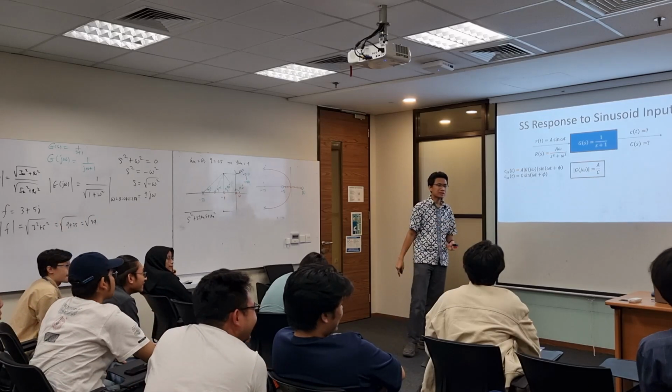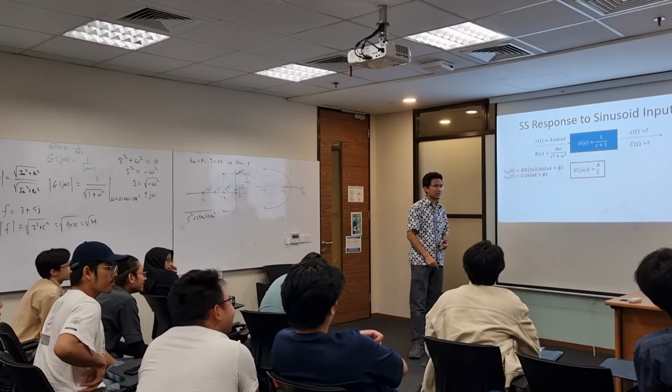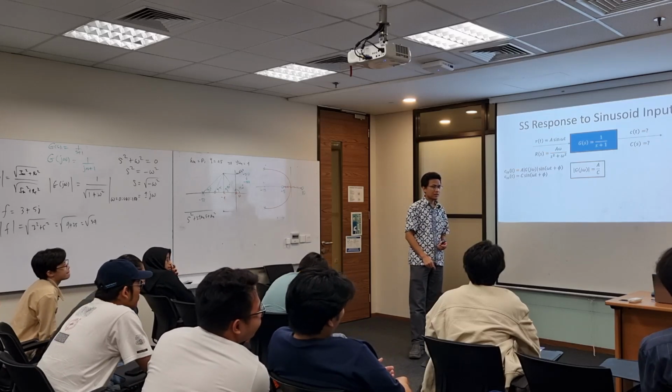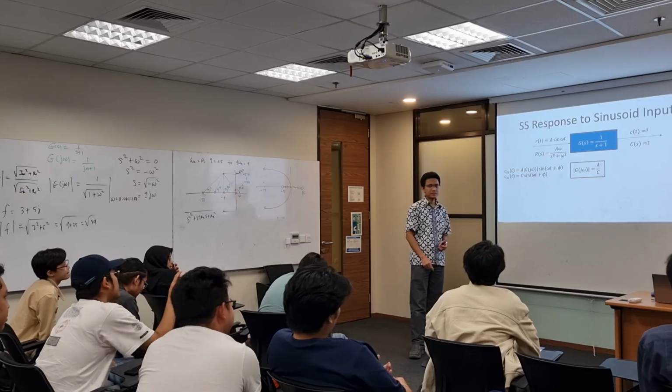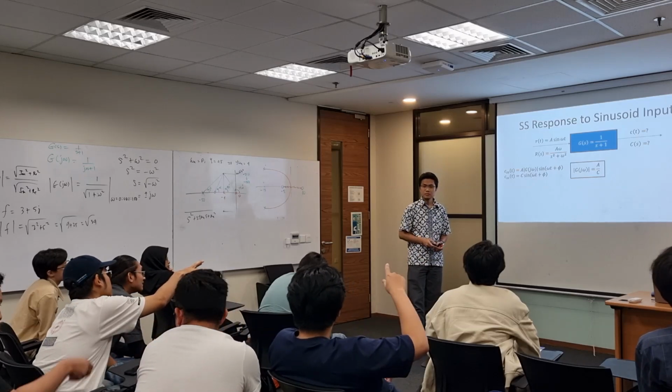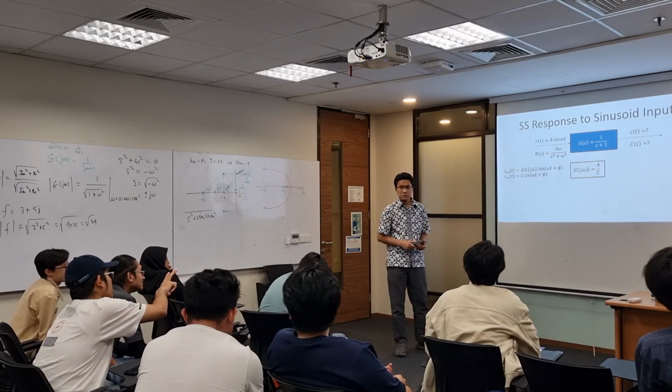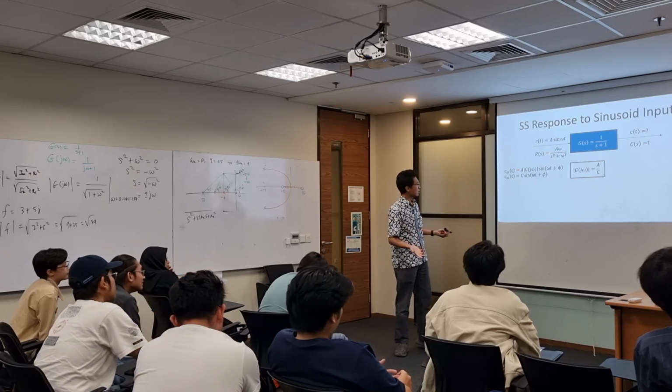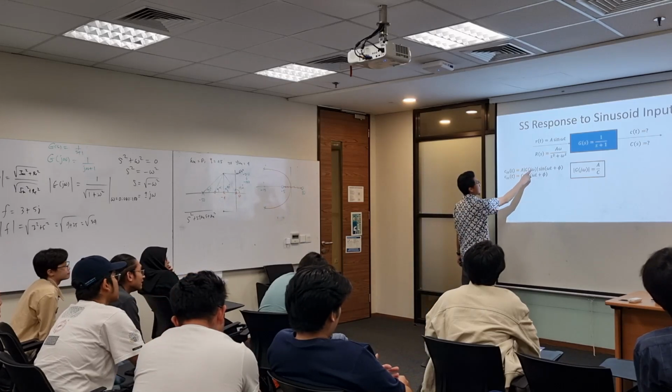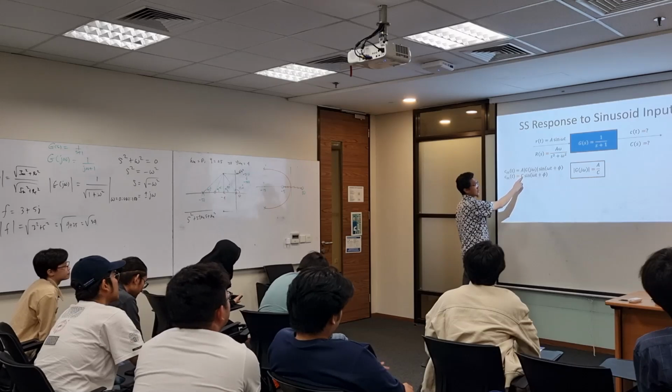No, A is the output. C is the output. Why do you choose this one? Why square? This one is equal to this, right?